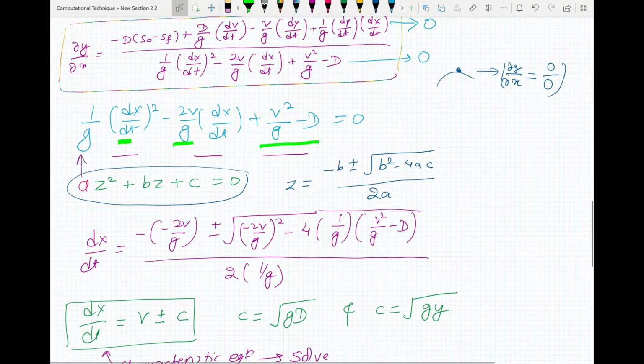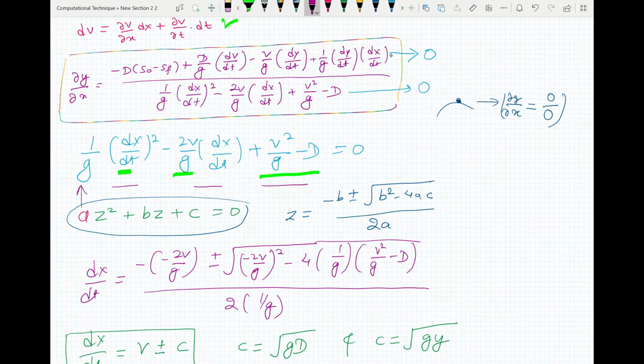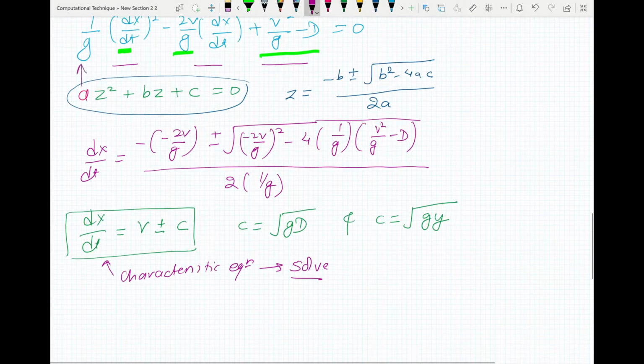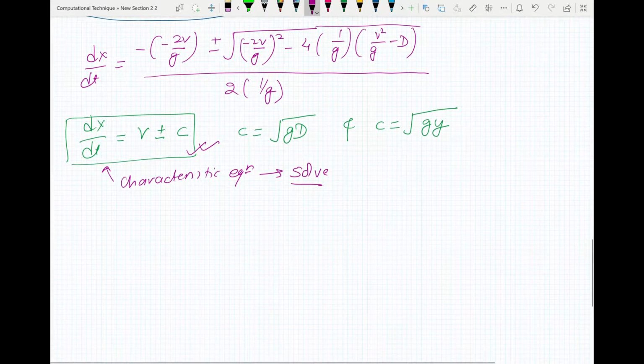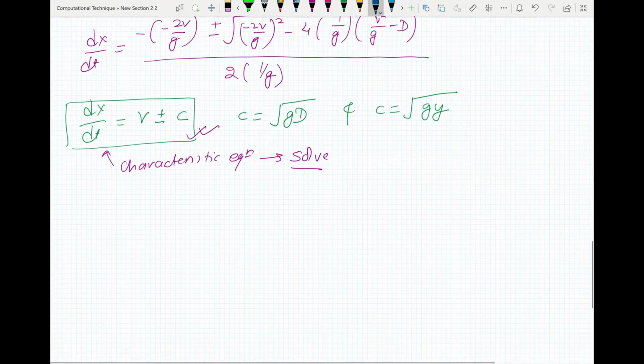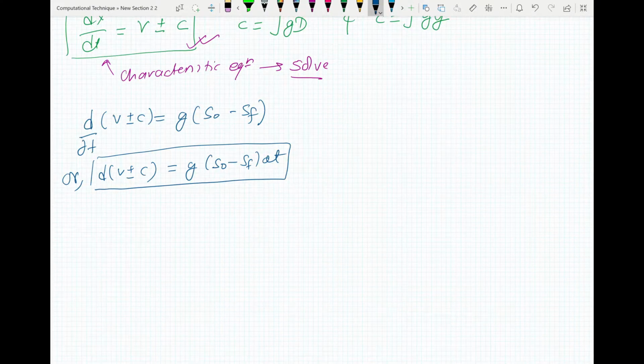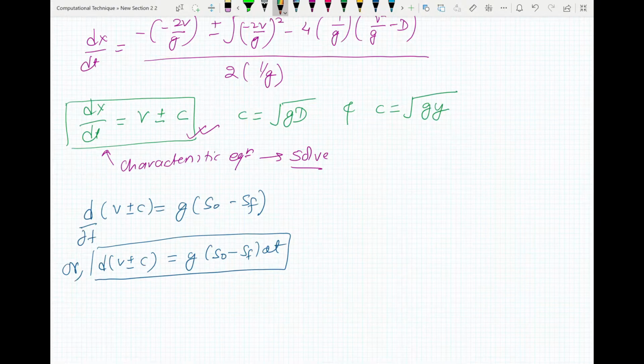Again, if you take the numerator equals to 0 and then use this equation in the numerator, then what you'll get will be, so here this is our first characteristic equation and this is our second characteristic equation.